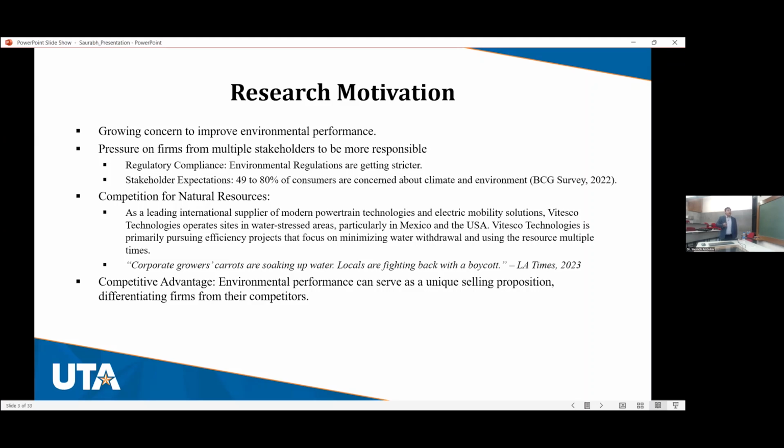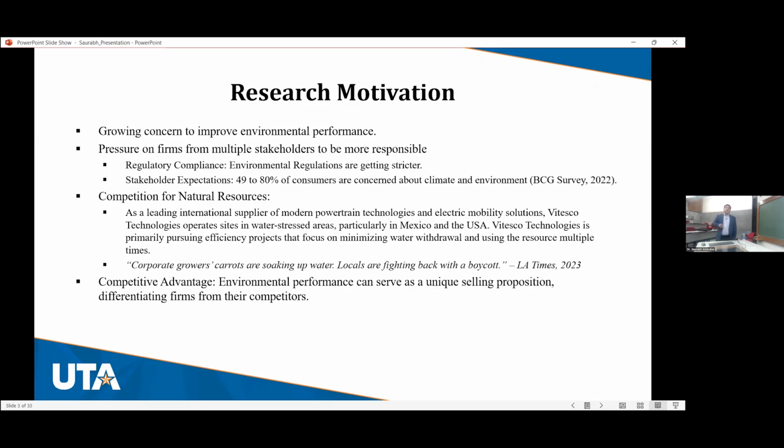Another motivation: there is a lot of demand from the customer side for companies to be more environmentally conscious. A recent BCG survey says 49 to 80% of consumers are concerned about the climate and environment. So the market is asking companies to think more about the environment.